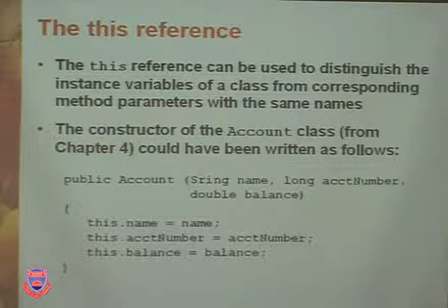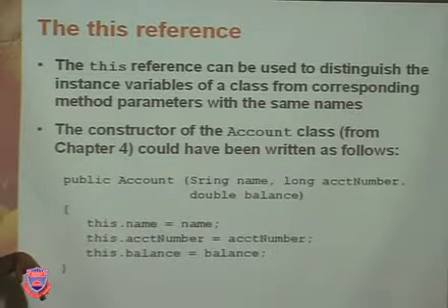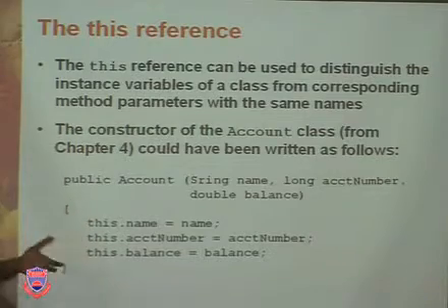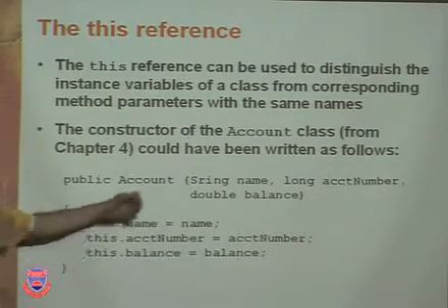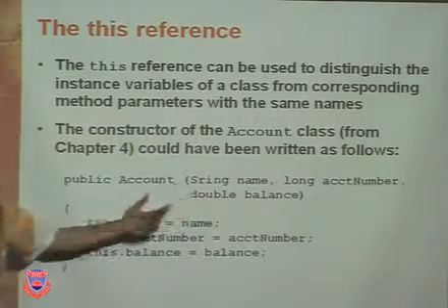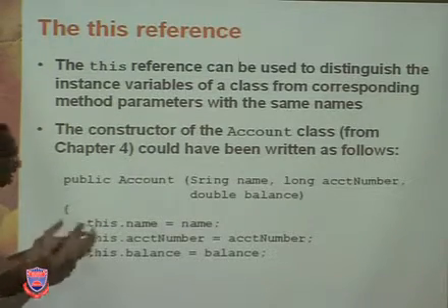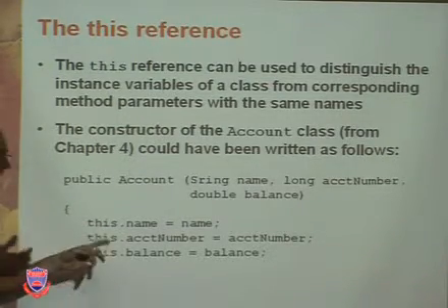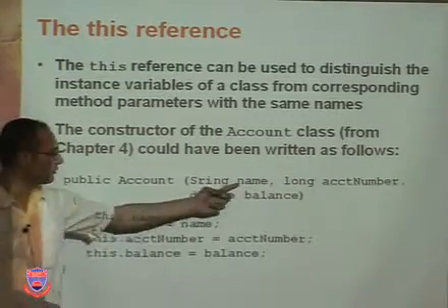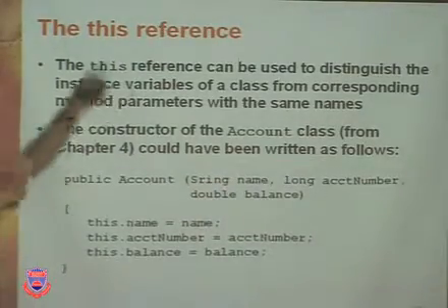So for example here, this is the constructor, as most of you have guessed. This is the most common place that it is used, but it's not the only place that you will be using it. If you have a name, account number, and a balance given as arguments, and then you would like to construct this object based on these arguments. However, also in your object as instance variables, you have the name, account number, and balance. So which name are you referring to? Do you refer to the argument passed or the object's instance variable?